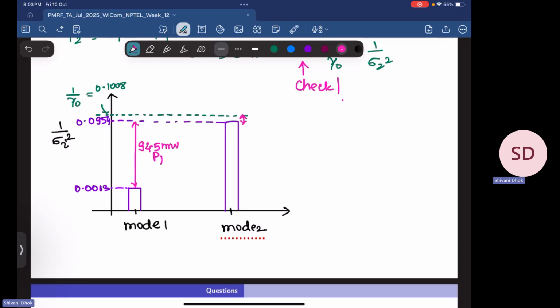Sorry, small mistake, it's from here to here. And this one, the small distance, is your P2, which is equal to 5.5 milliwatt. So now you are allocating powers to both the first and the second eigen mode.